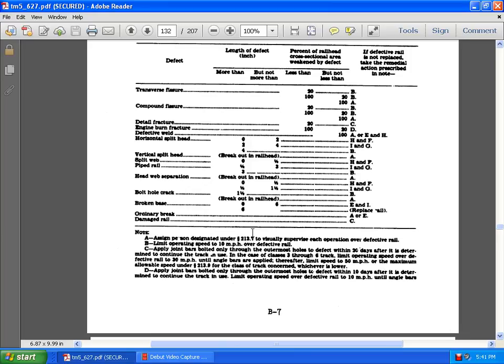In the case of Classes 3 through 6 track, the operating speed over the defective rail is limited to 30 miles per hour until joint bars are applied, then the speed limit is 50 miles per hour or the maximum allowable speed under 213.9 for the class of track, whichever is lower. D: apply joint bars bolted through the outermost holes within 10 days of determination. Continue the track in use, limiting operation over the defective rail to 10 miles per hour until joint bars are applied.